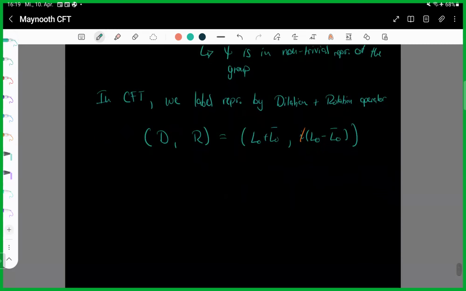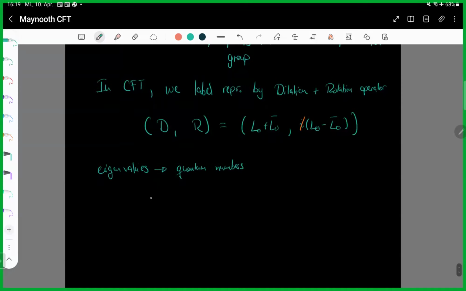Basically, instead of taking in SU(2) the total angular momentum and J3, we're going to take dilations D and rotations R, and we take their eigenvalues as quantum numbers. Let me start over.